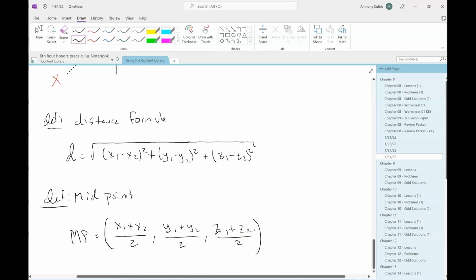We'll just do the same thing for the z component. And everything works just as you'd expect. Nice and simple and easy, right? As far as 3 dimensions go. Okay.